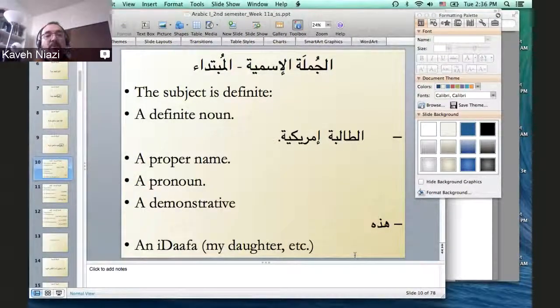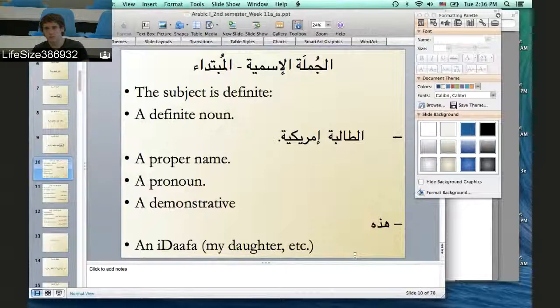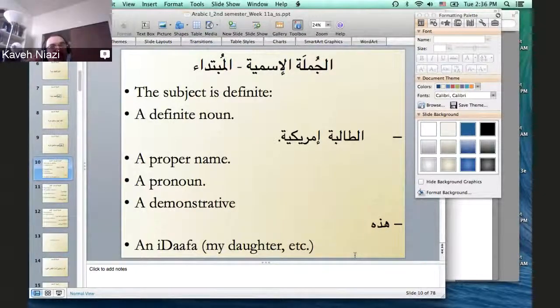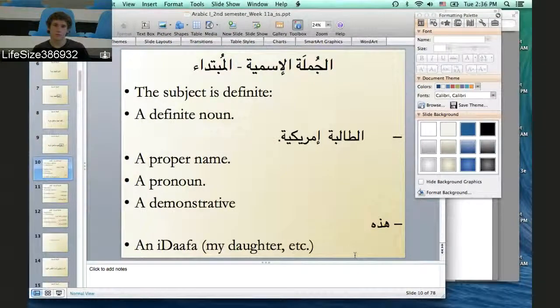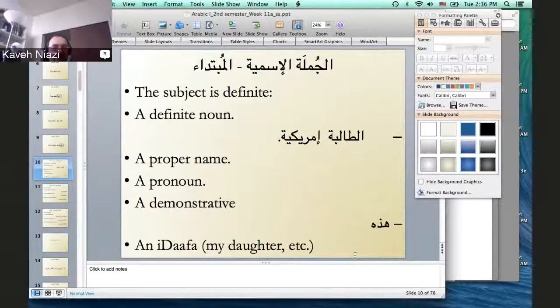It can also be a pronoun. How would I change الطالبة الأمريكية so that the subject is a pronoun? هو أمريكية doesn't quite work, but you're close. Remember, أمريكية is a feminine adjective. هو أمريكي would work, exactly. Or هي أمريكية, right? That would be a very good nominal sentence.